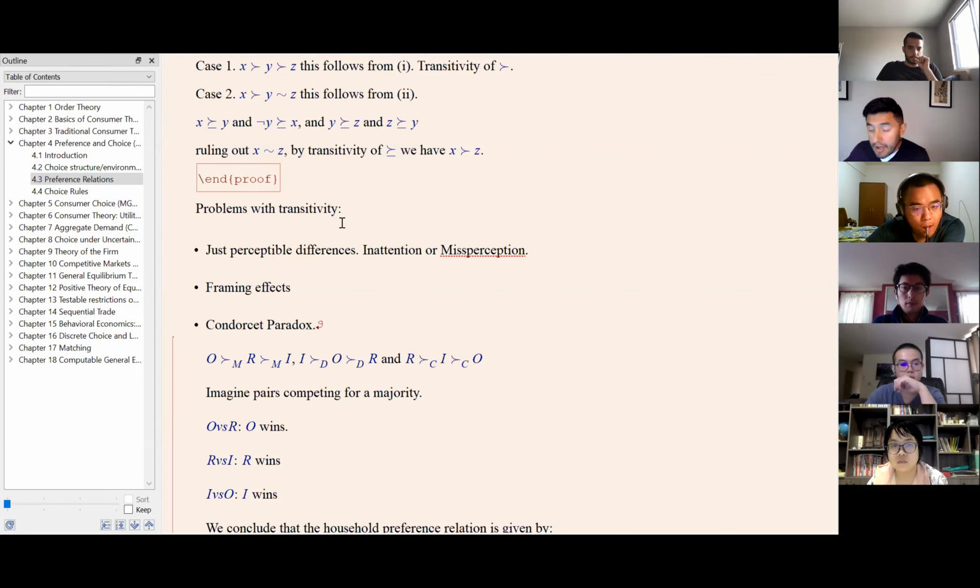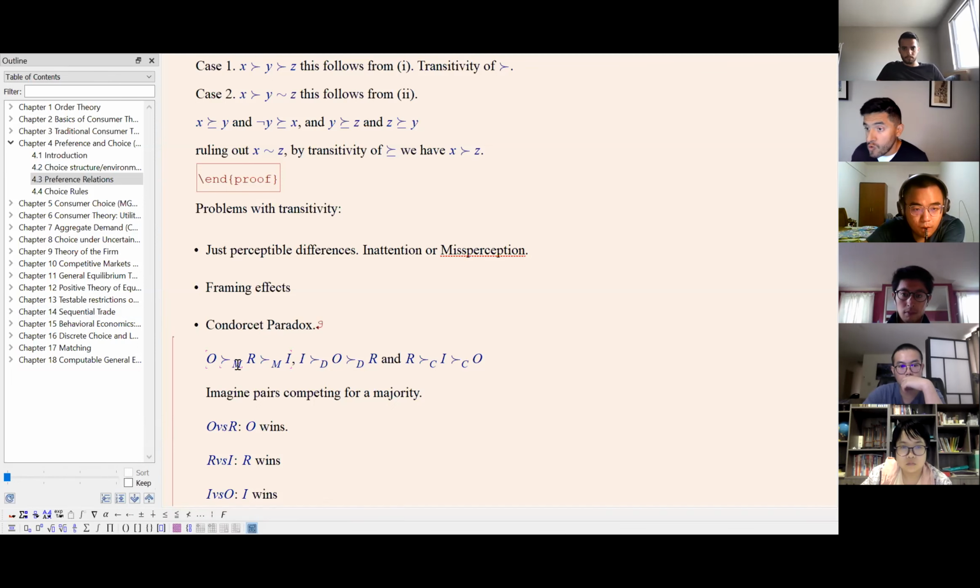And so the example that I have, the one from Mas-Colell, is the following. You have a family, and then there are three options, right? You have an opera, a rock concert, and ice skating, okay? So O, R, and I. And the subscripts in the preferences are the three members of the household.